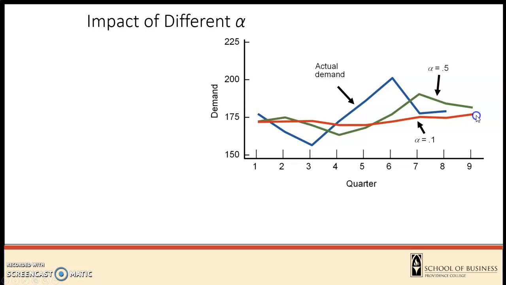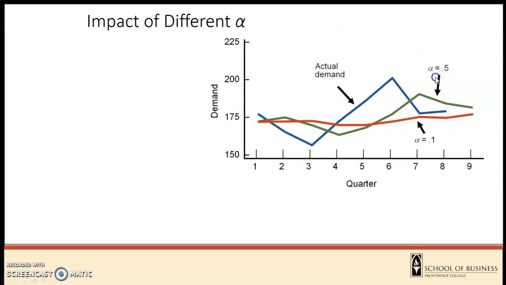That means the previous period is going to have 10% influence on the new demand, 2 periods ago is going to have 9%, and as we go along, you can see it's a relatively stable curve. As demand spikes up between quarters 4 through 6, you can see it slowly start to come up, but it doesn't really spike because it's holding things steady, since we're doing an average over almost a year's worth of data.